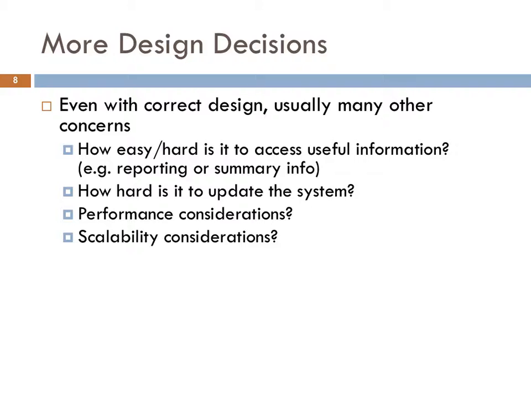If it's a giant pain and it's really slow, there was one time I was working at a company, and they happened to have a particular database design that made it unbelievably slow to retrieve the information they needed from the database. And so they had to completely redesign the schema. So even though it represented everything they needed, it was just hideous. Okay? How hard is it to update the system, performance, and scalability considerations? So those are the kinds of things that you have to consider.